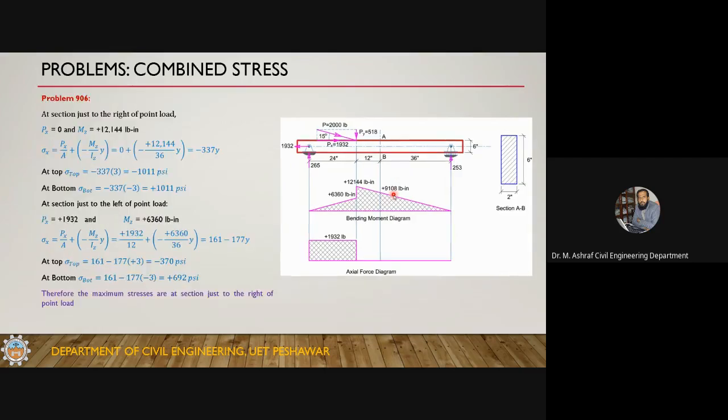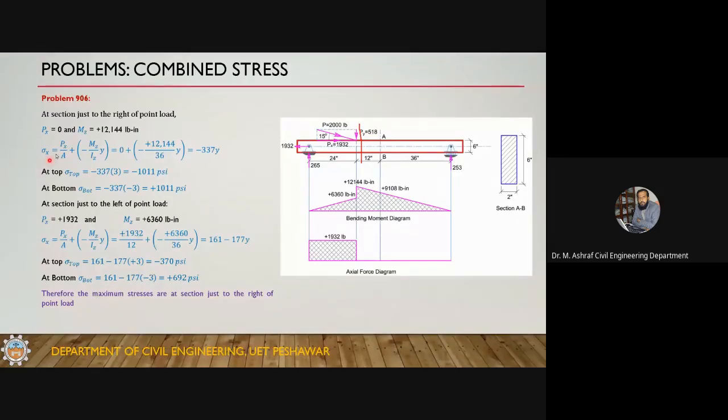At the section just to the right of the point load, just here, very close to this concentrated load, a 0 distance apart, there is no axial force, and the bending moment is 12,144 pound-inch.